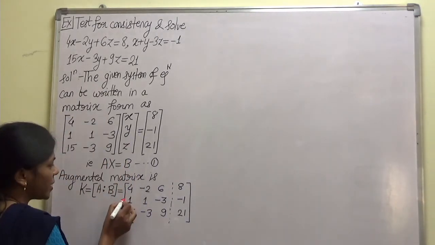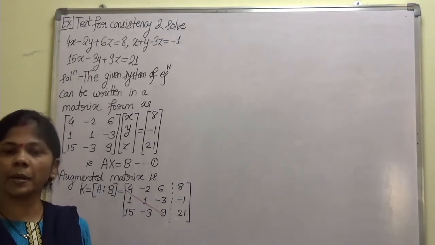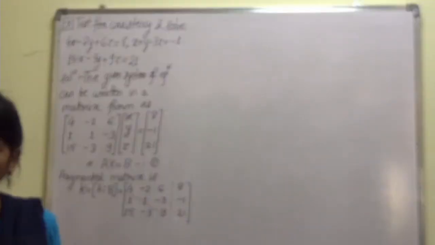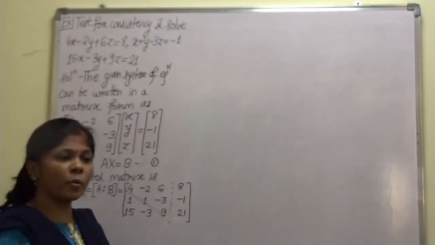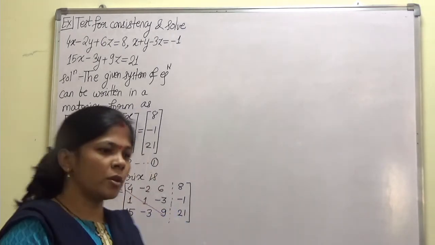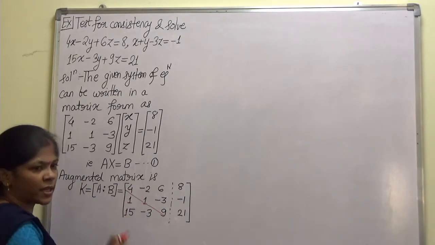Let us first identify the diagonal elements. These are the diagonal elements. The first diagonal element is 4, non-zero. Now remember, the procedure which I am telling you is optional. If you wish, you can do it. The element lying in the second row just below this is 1.